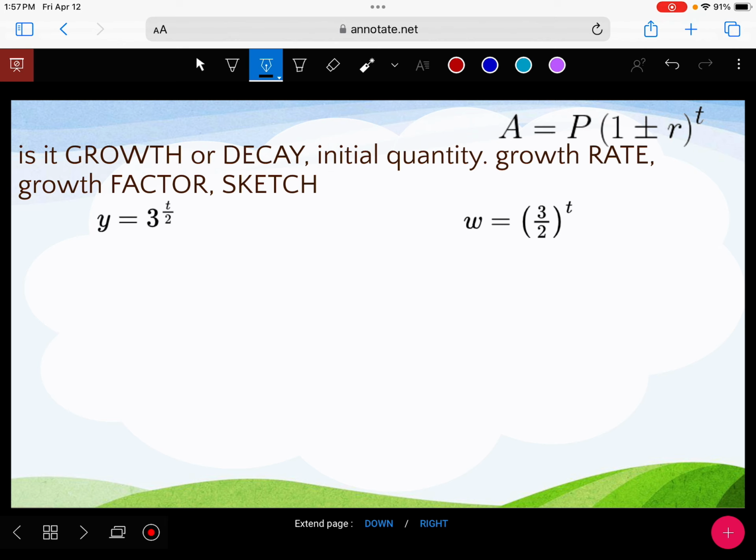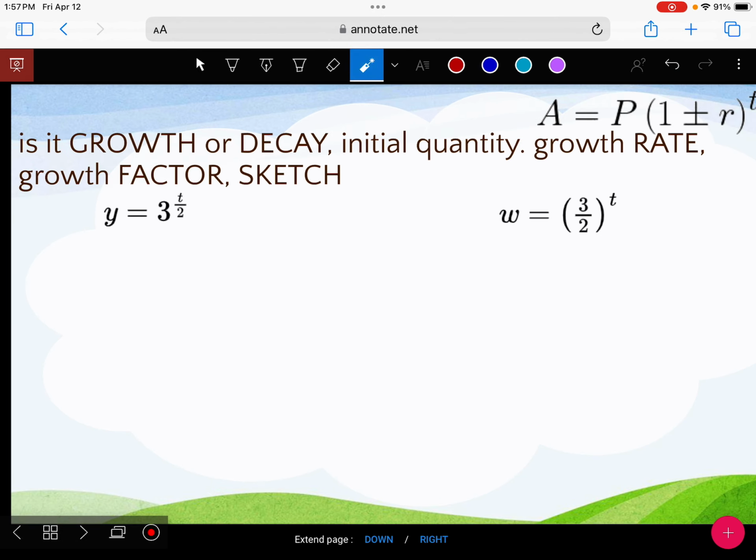So we're gonna do another one. So this one is part C. And these ones look like they're trying to trick you.